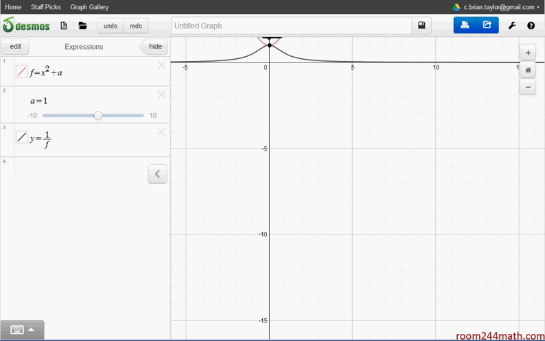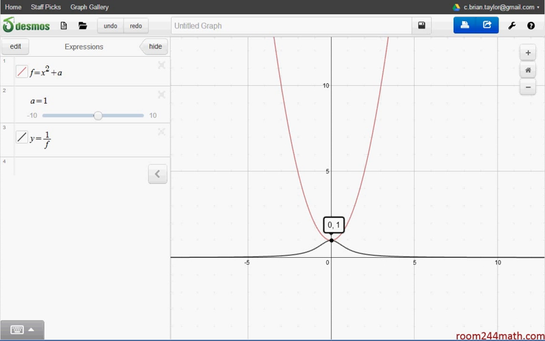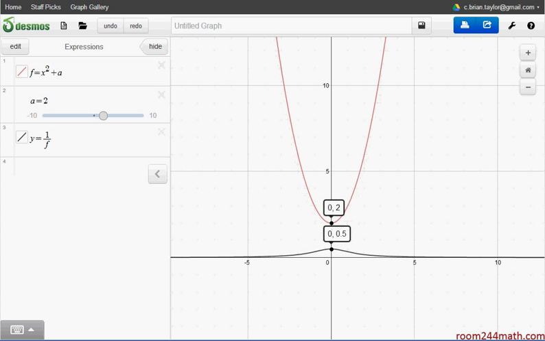Okay, so now we don't get any holes in the domain. We don't have any vertical asymptotes because the quadratic is always positive. Or if I stick a negative sign in front of it, it's going to be always negative.